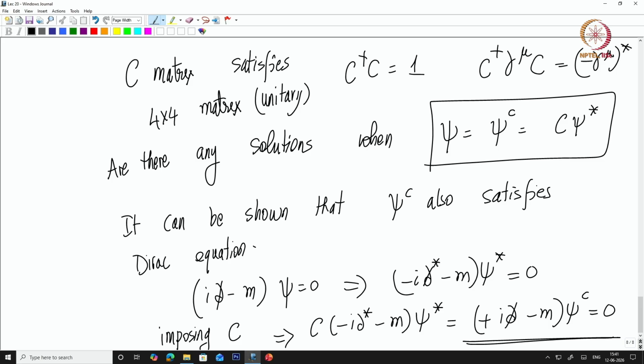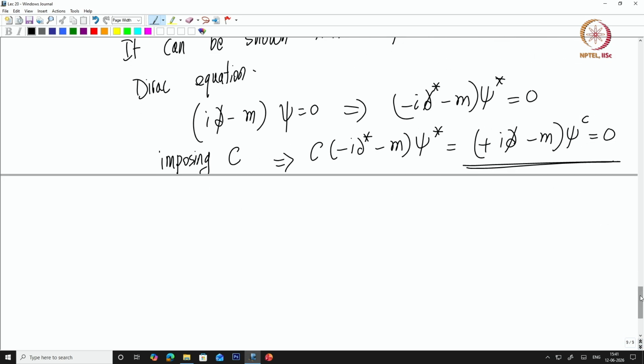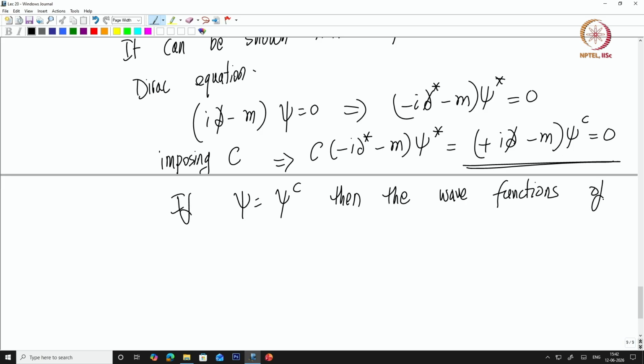So, if I impose the condition that ψ is equal to ψ^c, you have the condition for the reality of the Dirac spinor. If ψ is equal to ψ^c, then the wave functions of the Dirac equation are real.